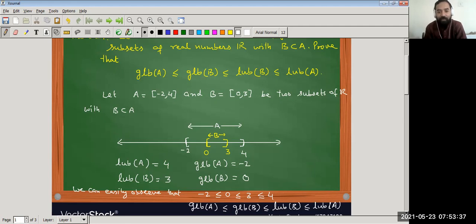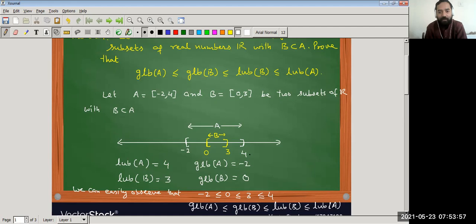Now because we are taking a particular case to prove this theorem, when we try to prove the theorem in general, we are not taking examples. Now, how can we prove this theorem?